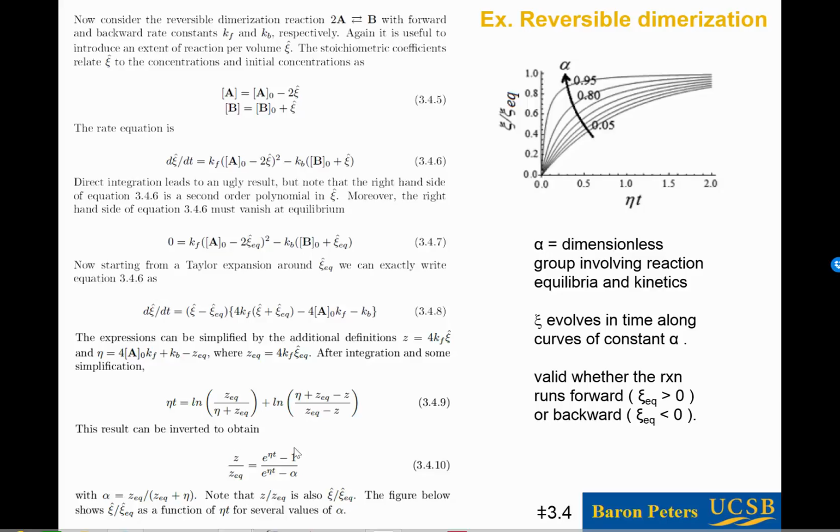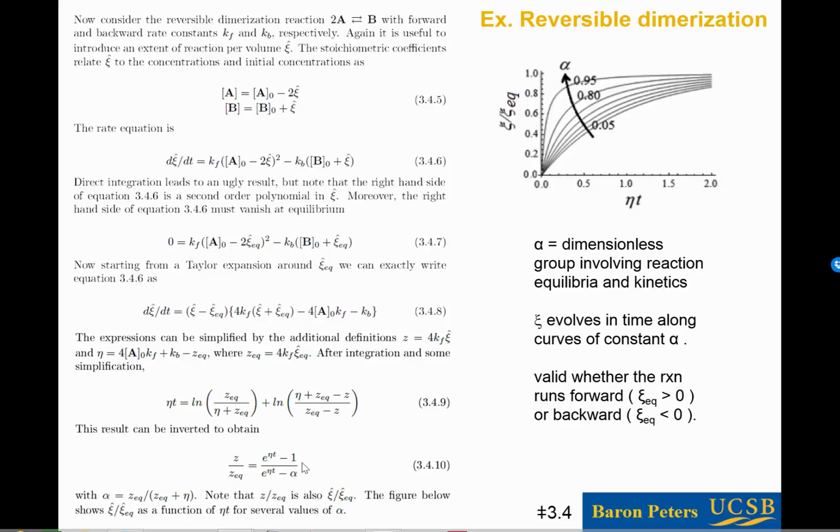So this is an interesting little equation because, first of all, note on the left-hand side we have z divided by z_eq, and from our definition of z, it was just a constant multiplied by the extent of reaction. So this equation basically says that the extent of reaction relative to the equilibrium extent of reaction is given by this ratio of these two exponential quantities.